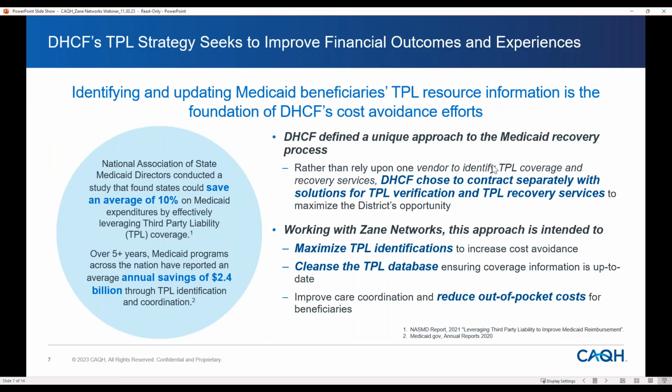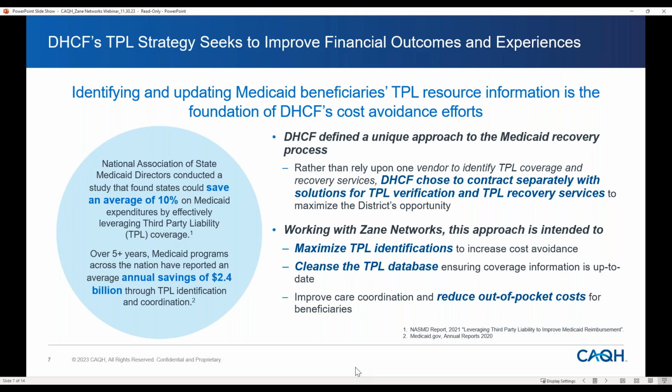Absolutely. And Jay, I wonder if you could talk through a little bit more about the eligibility and third-party liability program that the District of Columbia had along with its ambition.